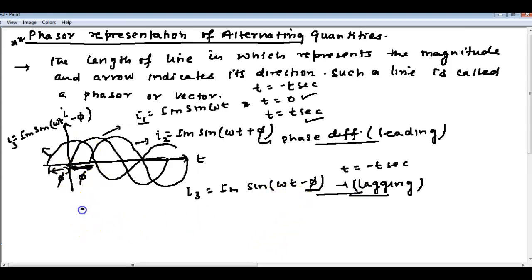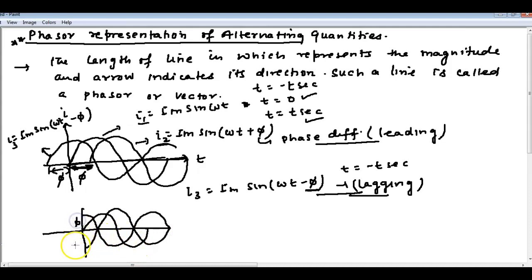This graph can also be represented in other ways; sometimes textbooks represent it like this, but you have to consider it as the same. This is I1, this is leading with phi, this is lagging with phi.